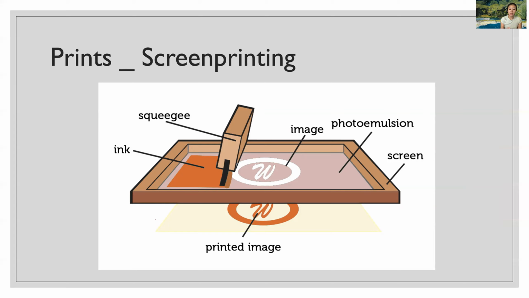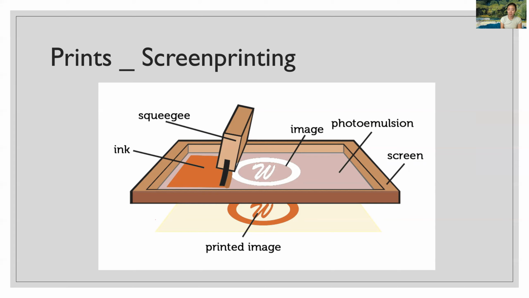The screen is a fine mesh of silk or synthetic fiber mounted in a frame, rather like a window screen. Working from drawings, the printmaker blocks screen areas that are not meant to print by plugging the holes so that no ink can pass through.